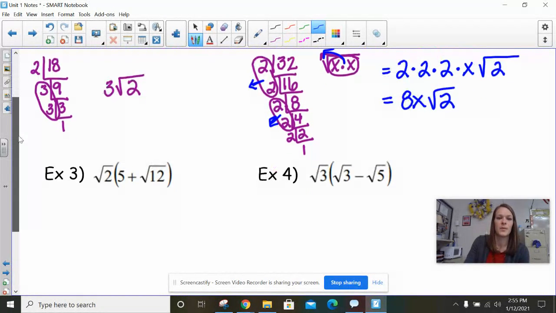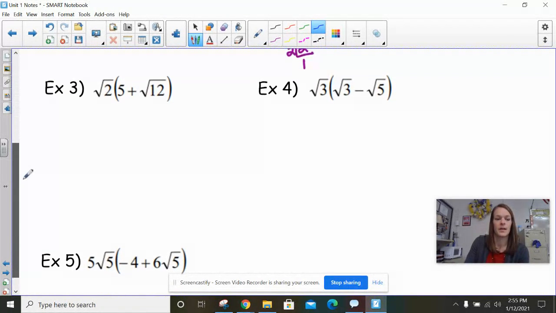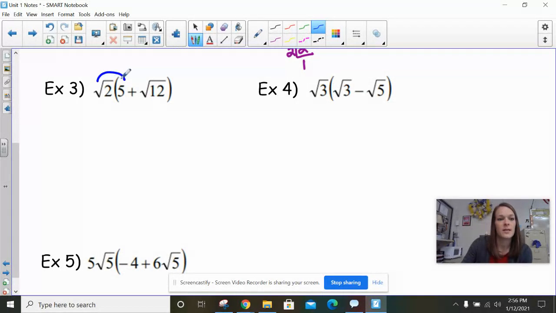Example 3. Now I have something where I have to distribute. I'm going to have to distribute these here and these here. Now, this 2 is under the radical, and this 5 is not. I cannot actually multiply those together. They either have to be both out of a radical or both under a radical to multiply them together.